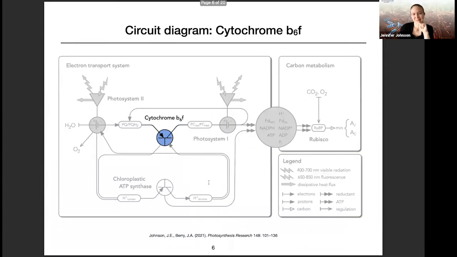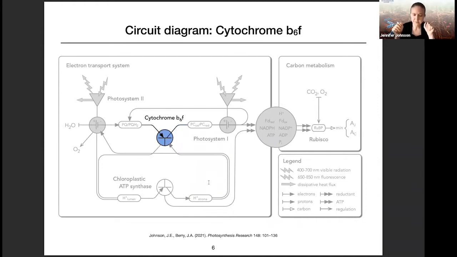So I'm going to pivot now to talking about how this framework works. The core insight that this model is organized around is that an enzyme called the cytochrome b6f complex organizes the dynamics of photosynthetic electron transport in a way that's conceptually equivalent to the way that the enzyme Rubisco organizes the dynamics of carbon metabolism.